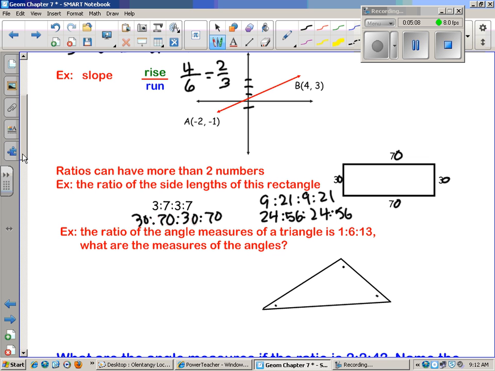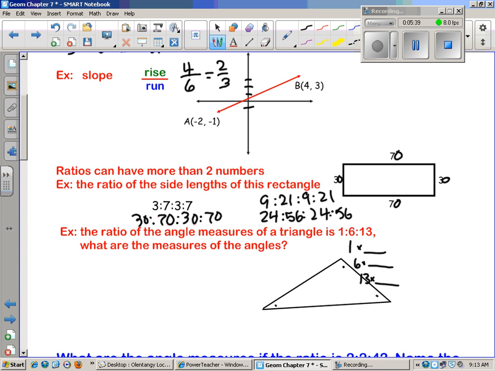Does 1 plus 6 plus 13 equal 180? No. So it's 1 times some number, 6 times some number, 13 times some number. Just like we did here. We took 3 times 3, 7 times 3, 3 times 3, 7 times 3. 3 times 10, 7 times 10, right? We used some number to change the ratio to fit the proportion.